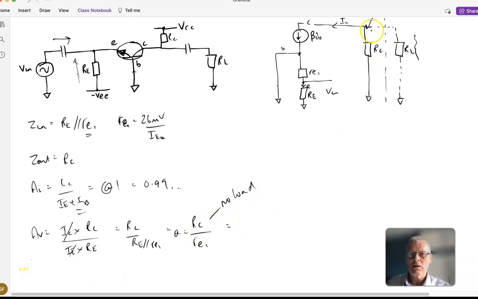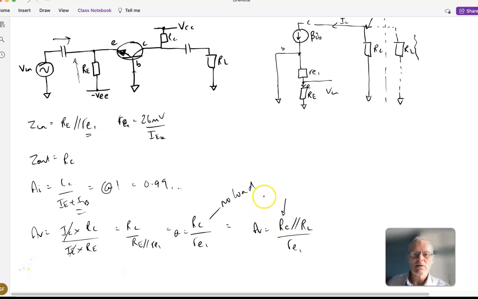If we place a load onto this amplifier, then you can specify that the voltage gain is going to be affected by this load because it goes in parallel with it. So you need to be careful if you're looking at matching the load that you're attaching to and your RC. Now obviously if the load is a high impedance load, then the voltage gain is going to tend towards the smaller RC resistor, which is pretty good.